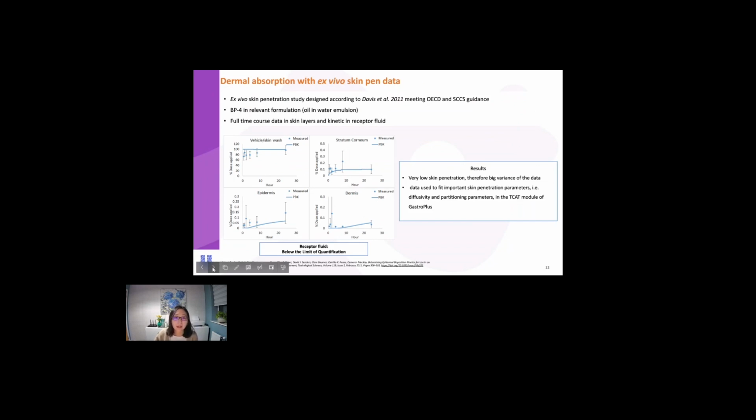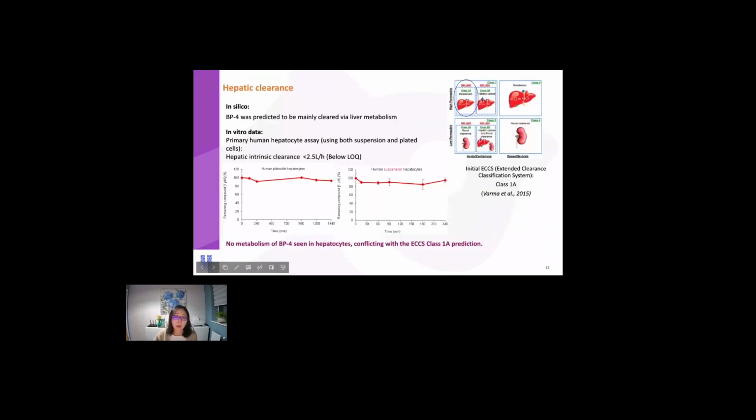Yeah, and the next parameter of importance was hepatic clearance. Based on some initial predictions using in silico parameters, BP4 was predicted to be an ECCS class 1A chemical, meaning that it's predicted to be mainly cleared via liver metabolism.